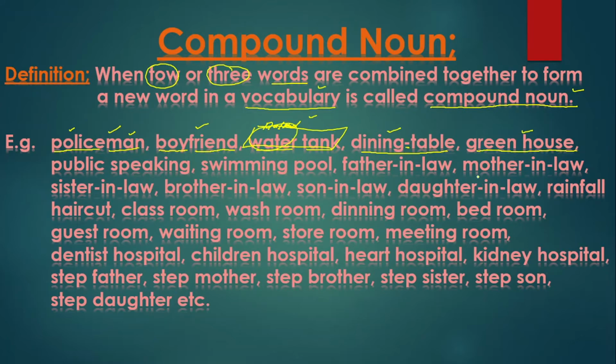Next is table, but which sort of table? Dining table. What is dining table? Where you take your dinner or lunch, etc. Greenhouse, this is house, and then you bring green with it, then it changes into greenhouse. Like we say greenhouse effect, etc.